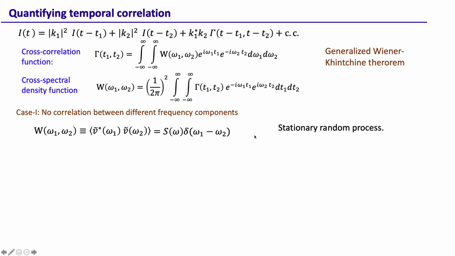If that is the case, this is the case of a stationary random process. We saw last time that if the process is a stationary random process, then the cross spectral density function assumes this form.